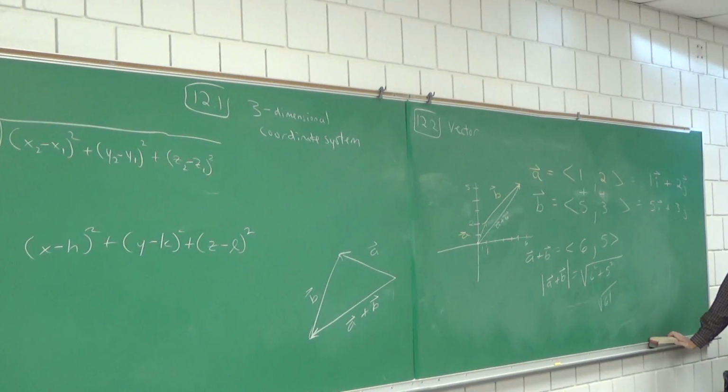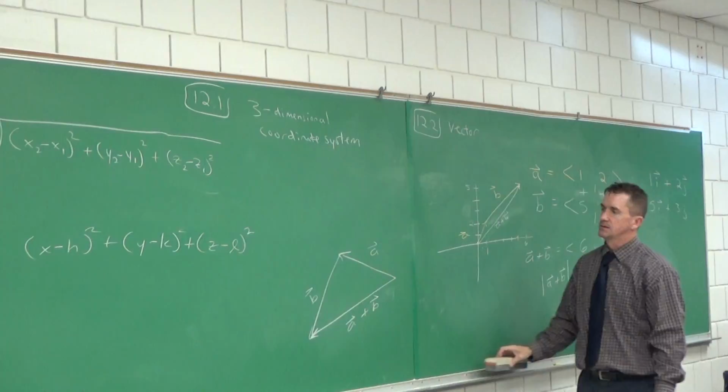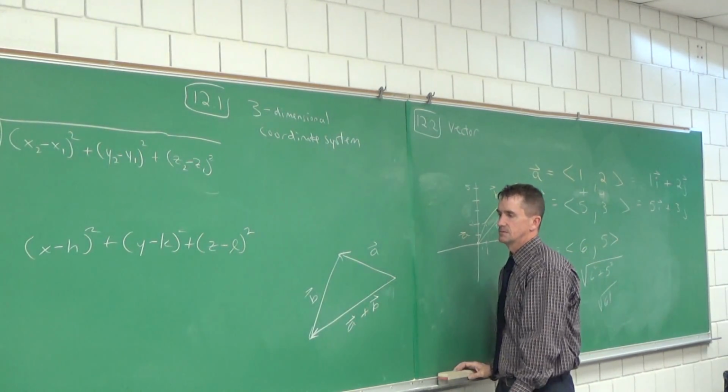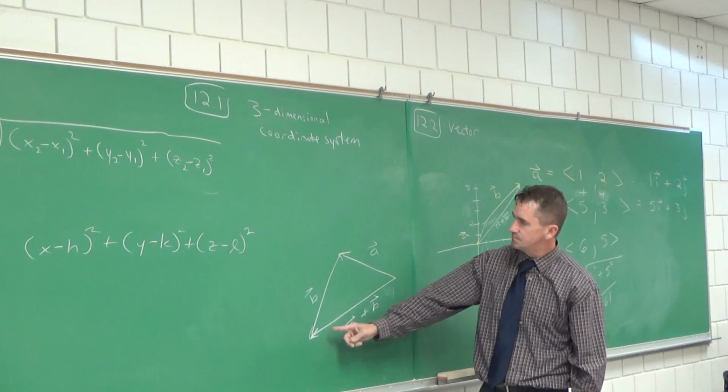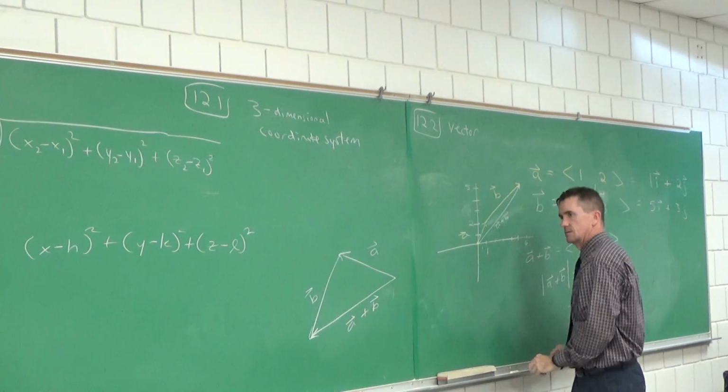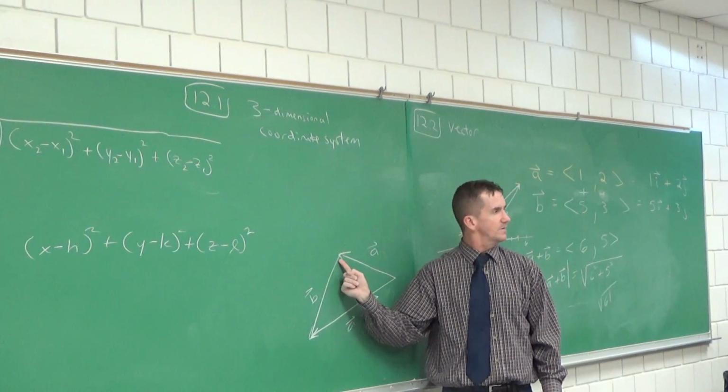All right, cool. Hey, a couple more things with these vectors. The first thing is, here's vector A. Vector B went from here to here. And you know what vector negative B would be?